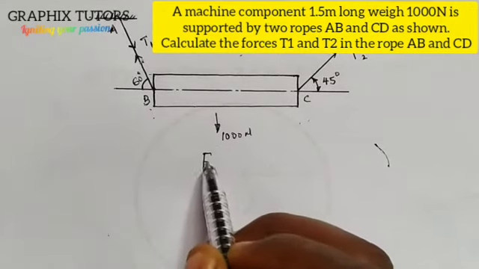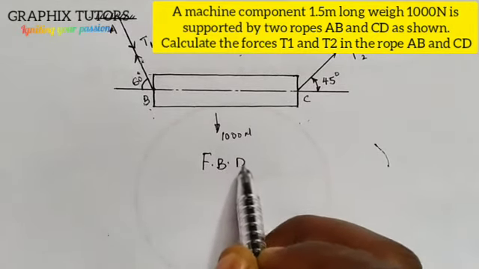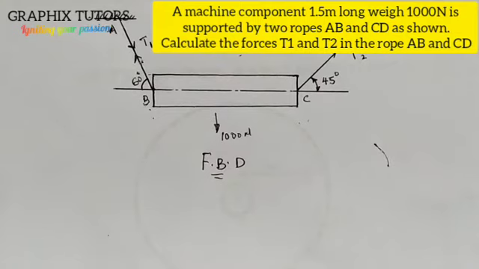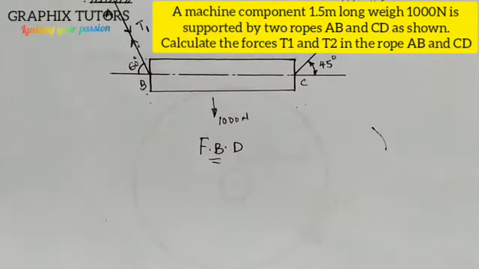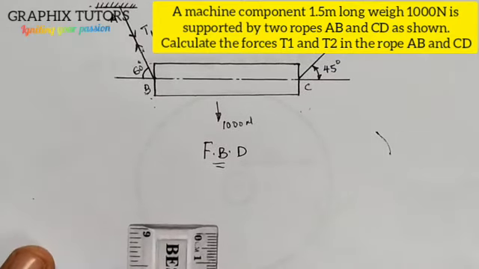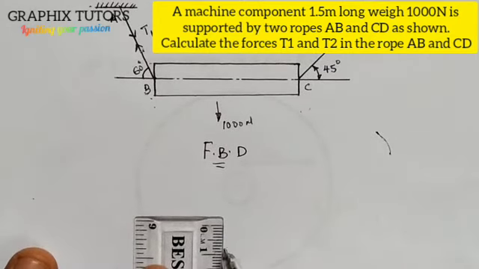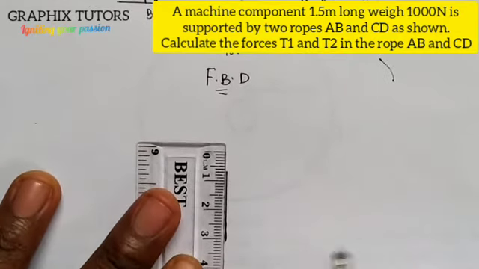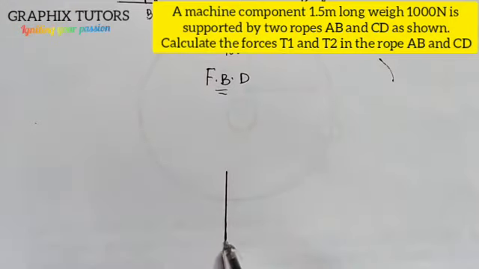So I'm going to draw the weight of that machine component going downward. This is the weight of the machine component going downward, and I'll call it W, and that is 1000 Newton.